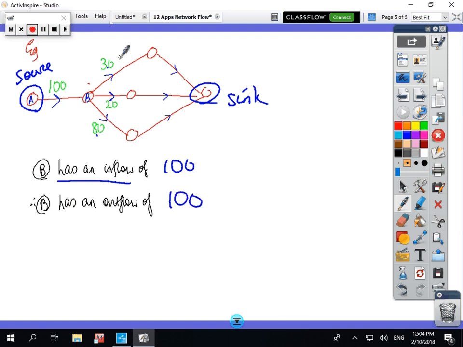Even though we've got more than 100 there, it can't flow out more than it flows in. So there's a deficit of 30, but where the 30 comes from, that's still to be determined. Okay, copy that and come across.